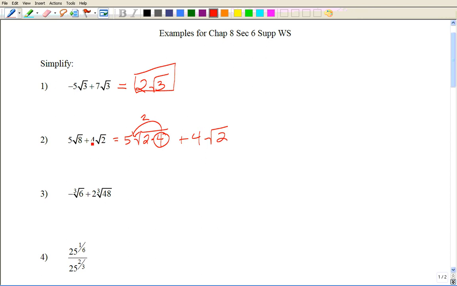We're just simplifying a radical expression here. So 5 times 2 is 10, so we'll have 10 times the square root of 2 plus 4 times the square root of 2. And then we can add those together now, because they both have the square root of 2, so we have 14 times the square root of 2.